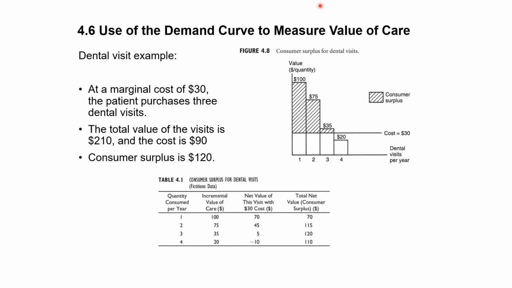So this is how we explain the value of care in terms of the demand curve and the total net value that we get from consuming a particular health service, like your dental care visit.